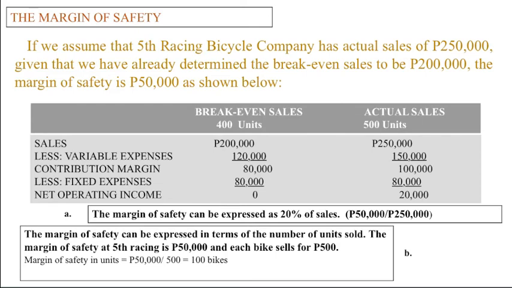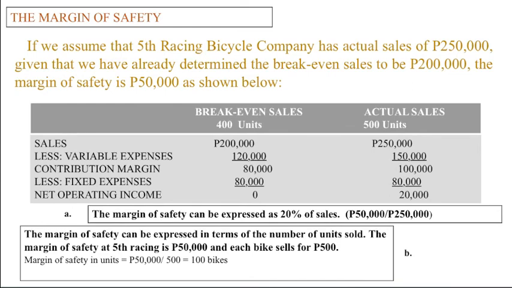Sales is 250,000 pesos, less variable expenses 150,000, contribution margin is 100,000, less fixed expenses of 80,000, and the net operating income is 20,000. The margin of safety can be expressed as 20% of sales, computed as 50,000 pesos divided by 250,000 pesos.